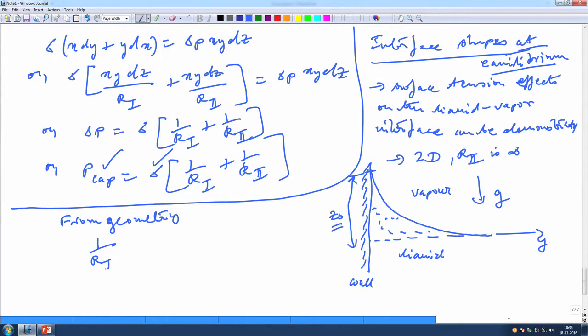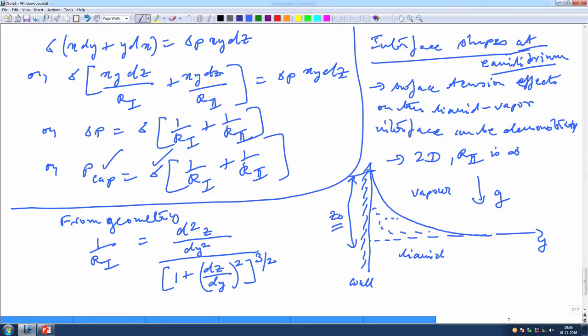1 by R1, that is the radius of curvature, the single radius of curvature, is given by this. This is standard. If you have forgotten it, please look it up.